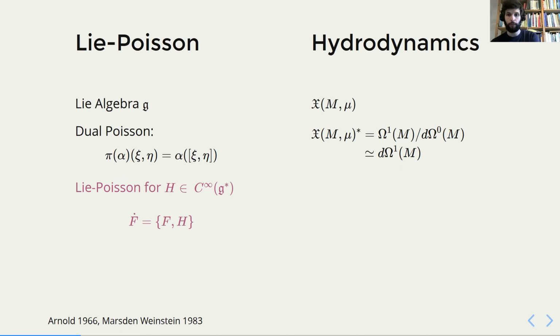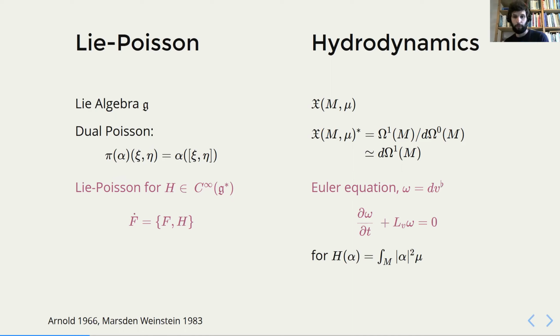And if you do the same for the hydrodynamics picture, namely that we choose the energy to be just the L2 norm of this one form, the two form, sorry, then we get the Euler equation in its vorticity formulation.